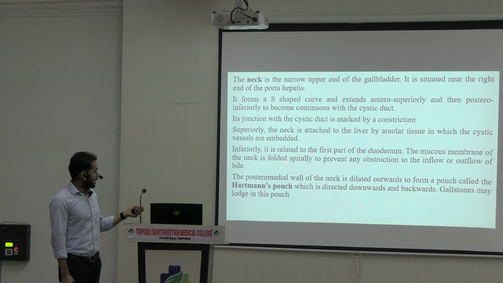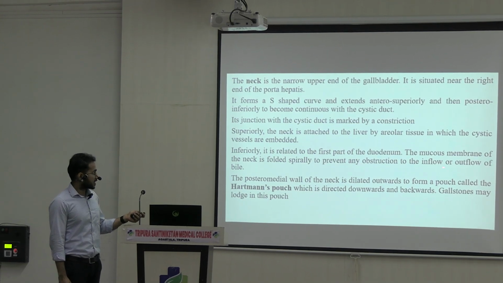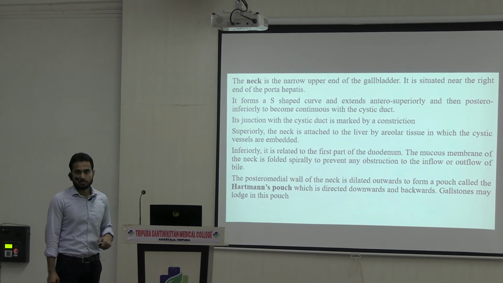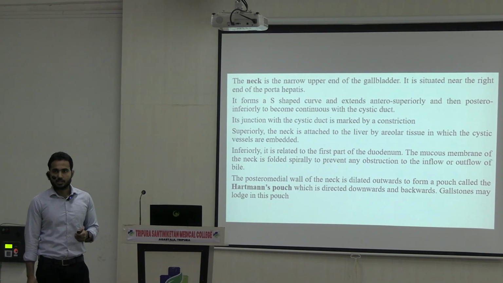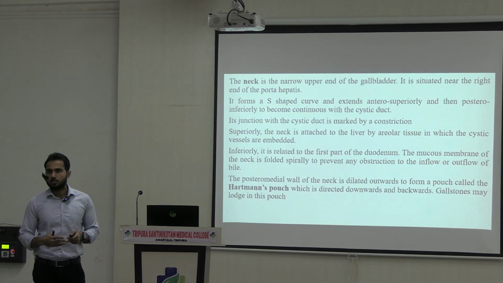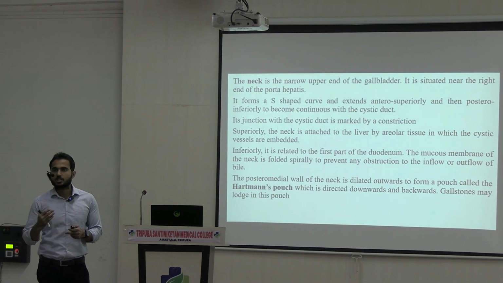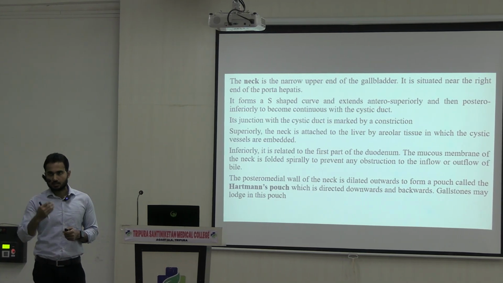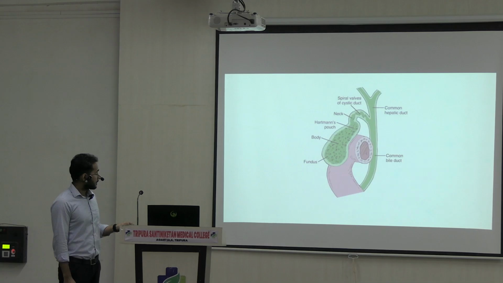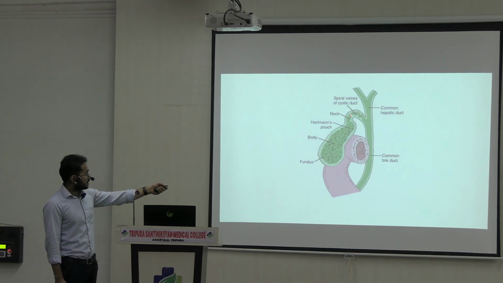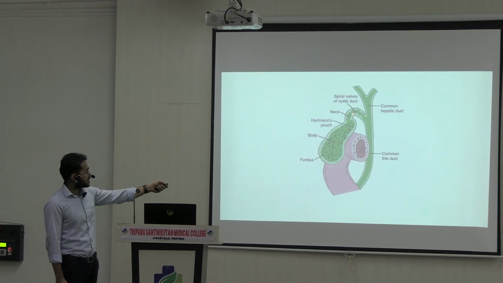The mucous membrane of the neck is folded spirally to prevent obstruction to the inflow or the outflow of the bile. That means the flow of the bile is controlled by those spirally shaped mucous membrane folds present inside the duct along with the neck of the gallbladder. As you can see, this is the neck, and you can see the spiral valves over here.